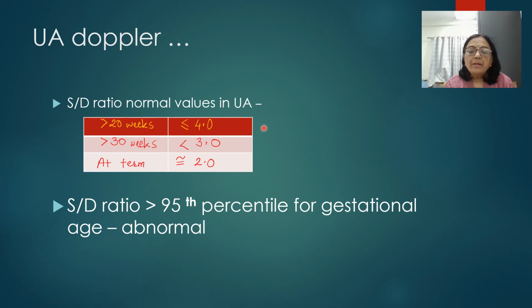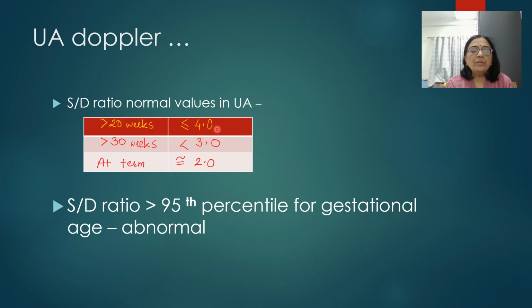But remember that the values are available with the sonologist for each gestational age, and we need to be careful to calculate the gestational age correctly. At 32 weeks the SD ratio will have a particular value, whereas at 33 weeks it will be different, at 34 it will be different. So there is a chart available from week to week.